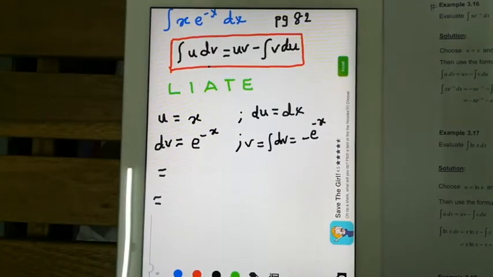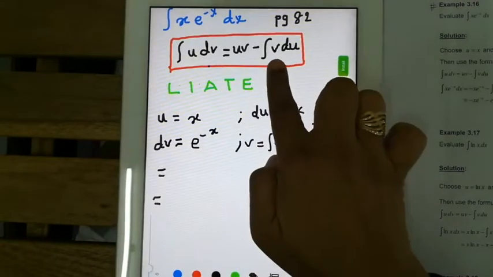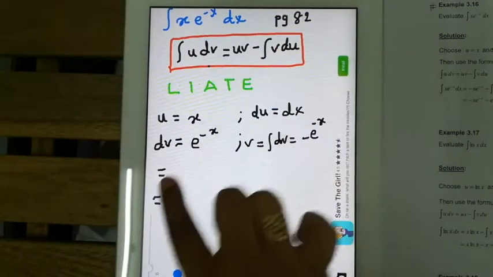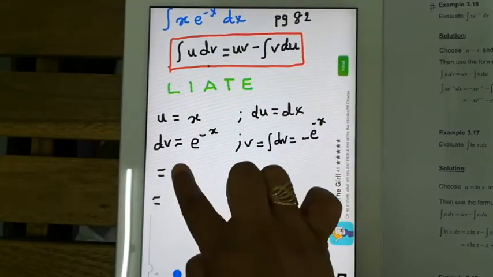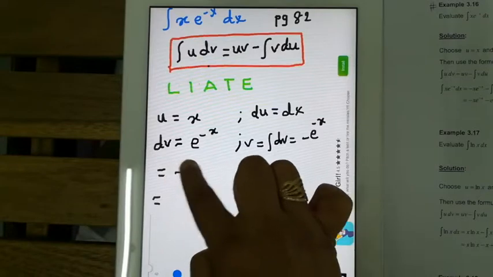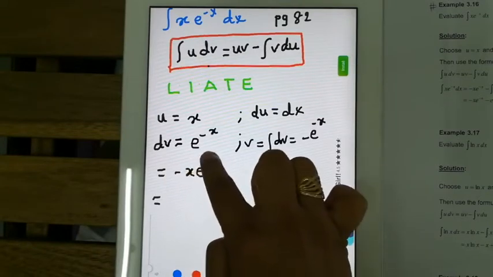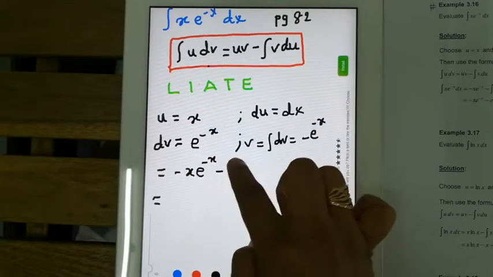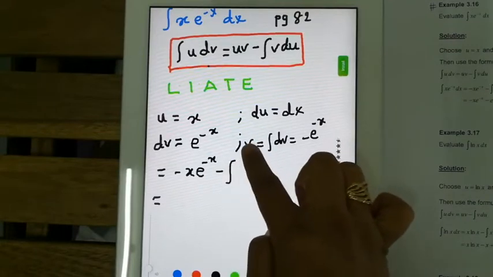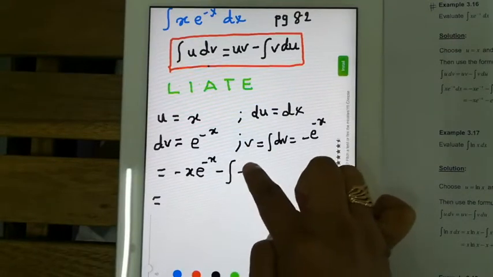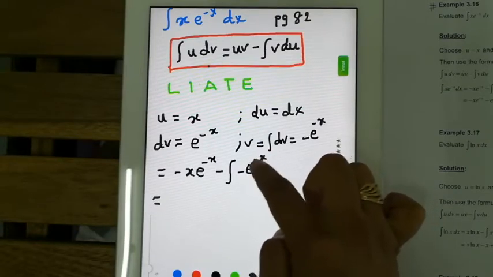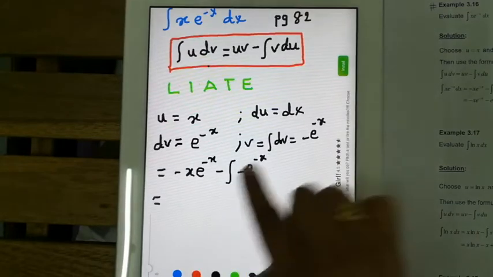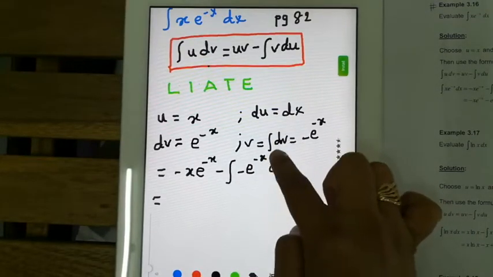Now you can apply it to the formula here. So you get u times v, which is negative x e^(-x), minus the integral of v, negative e^(-x), and du is dx.